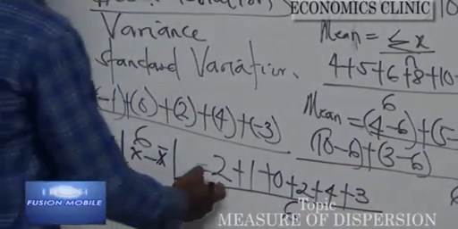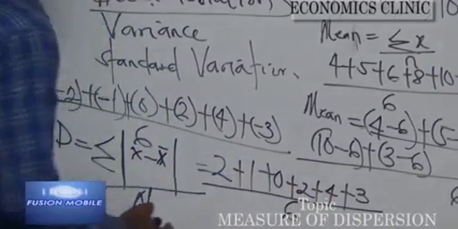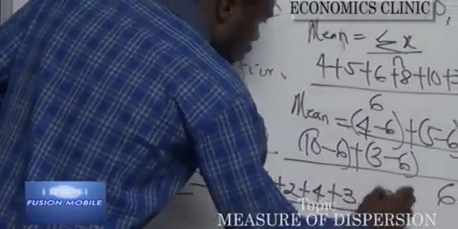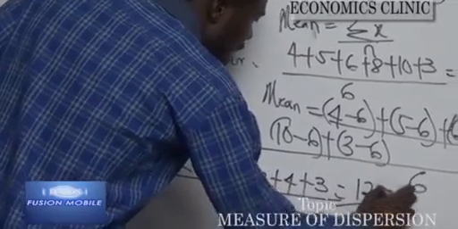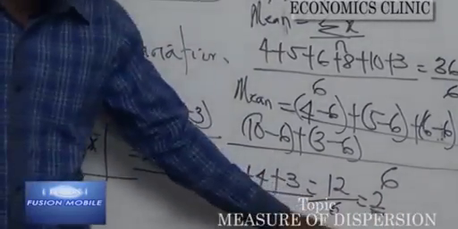By the time we add all these together, we have 2 plus 1 is 3, 3 plus 0 is 3, plus 2 is 5, 5 plus 4 is 9, 9 plus 3 is 12. So we have 12 divided by 6, which is now 2. So our mean deviation here is 2.